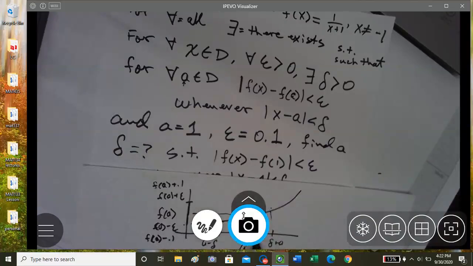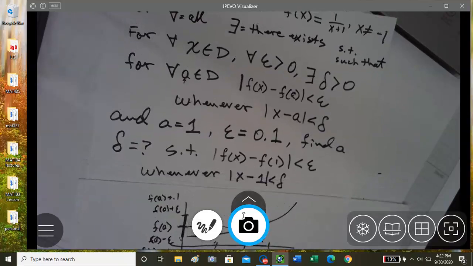So we've got to find what this delta is. We're saying we want to find within 0.1 from our limit, from f(a). So we're trying to find what that delta is.